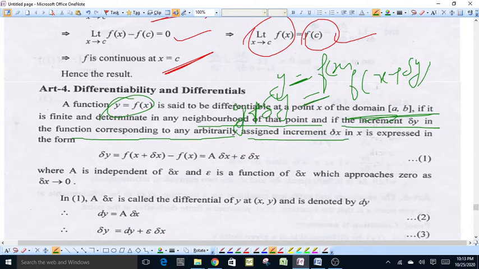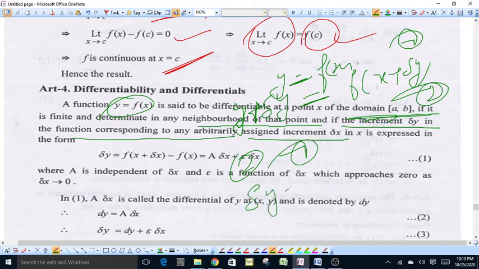Suppose this is equation 1 and this is equation 2. Now 2 minus 1 gives delta y = f(x + delta x) - f(x).